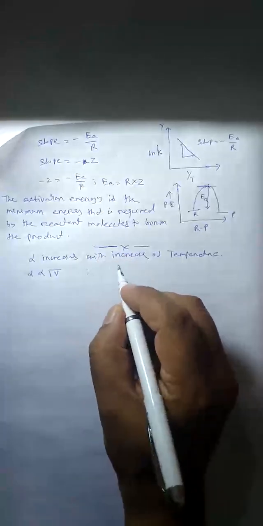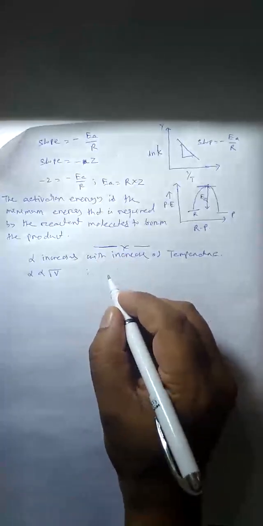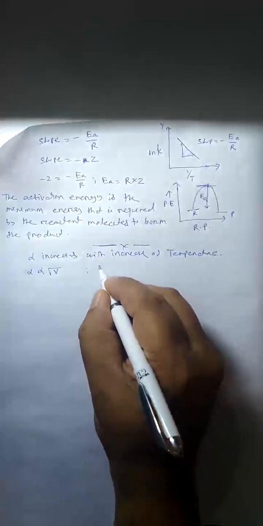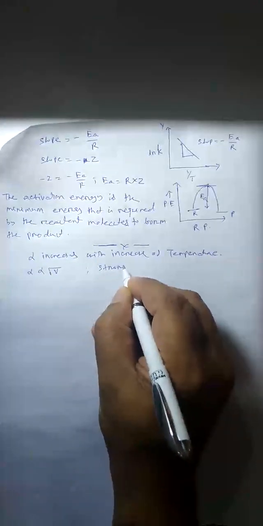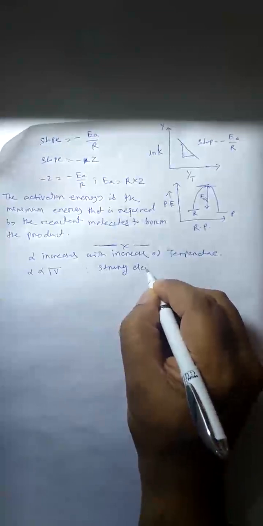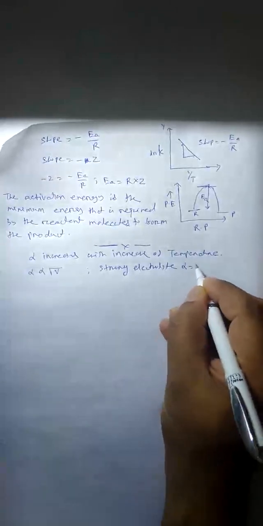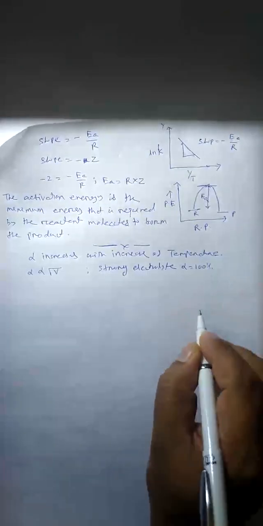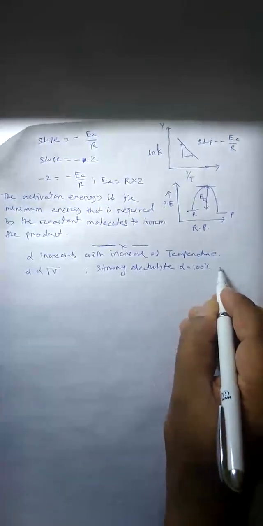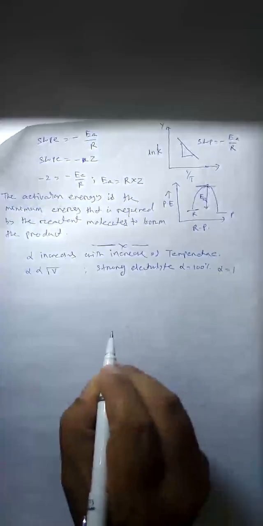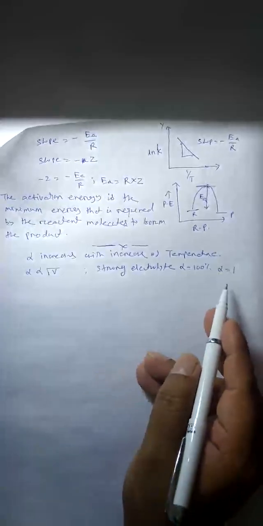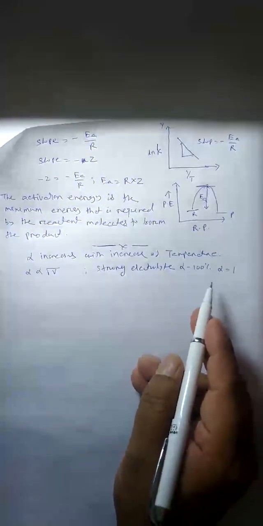Then the nature of the electrolyte. This is the third point. We already discussed this one. In case of a strong electrolyte, alpha is equal to 100%, or in terms of ratio, alpha is equal to 1.